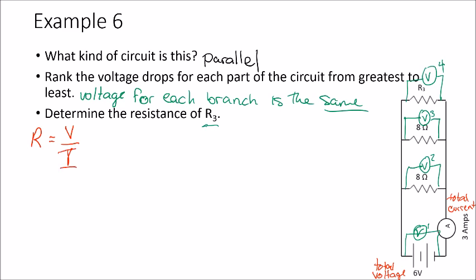In order to solve for resistance, we take the voltage and divide by the current. Since we have the total voltage and total current, we can solve for the total resistance.